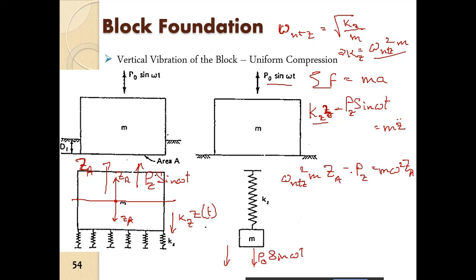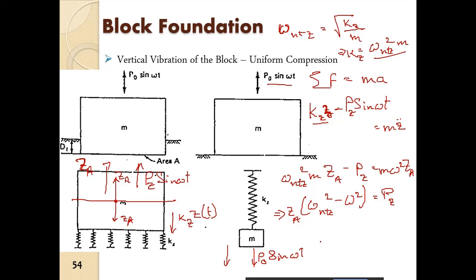Okay, if we move this pz to this side and this one to here, we can take za common, so we have omega n tz square minus omega square, equal to pz.